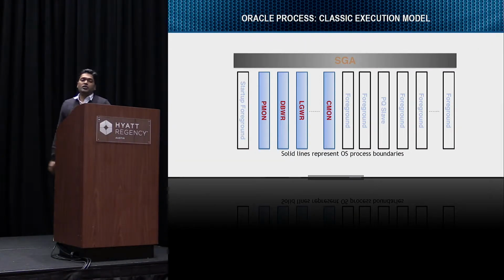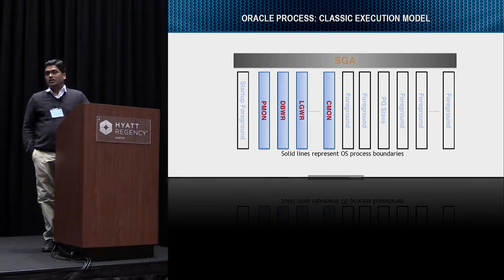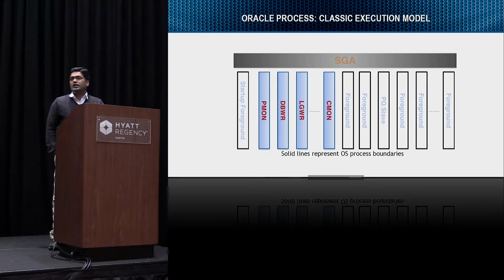Quickly running through the process model, there are three process models. I'll talk about it, and don't ask me why is this and why is that, but Oracle supports all of them because customers want to use it in different ways. So this is a classic model where an operating system process is an Oracle process, and it's a 1:1 model. We call it classic model.